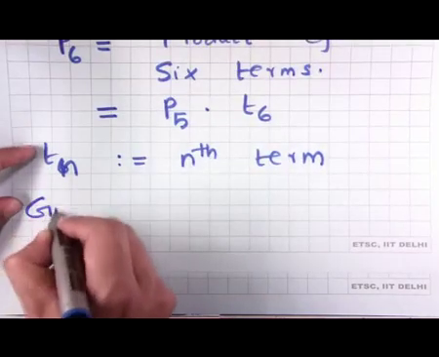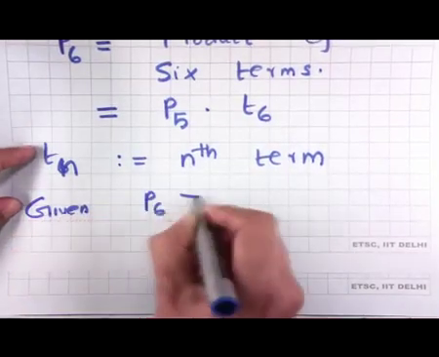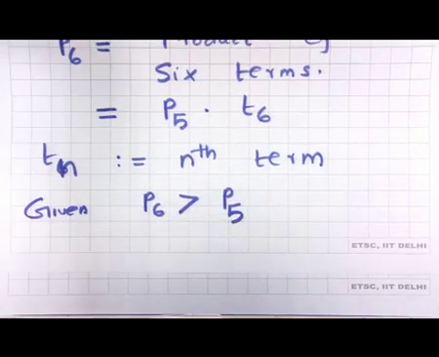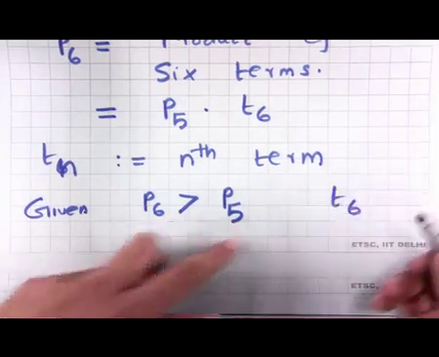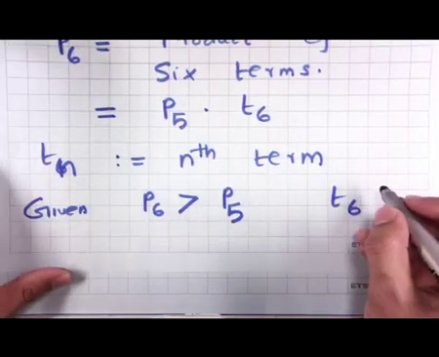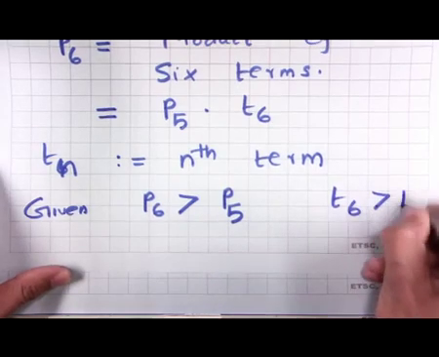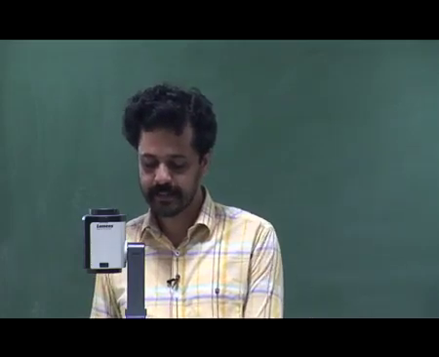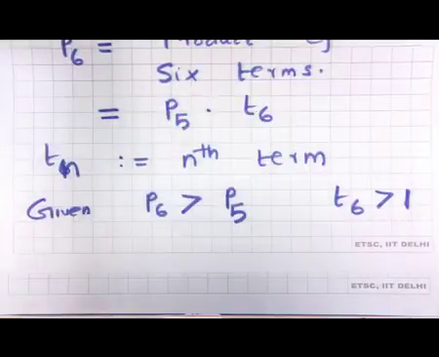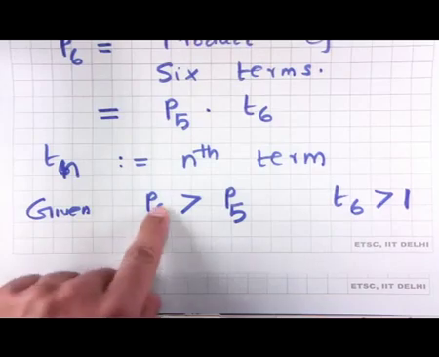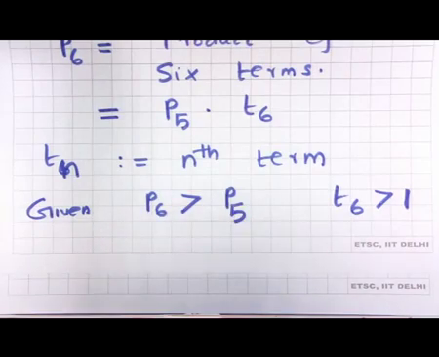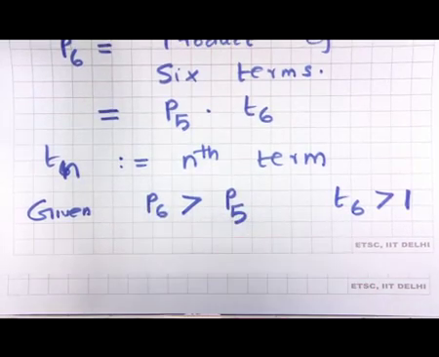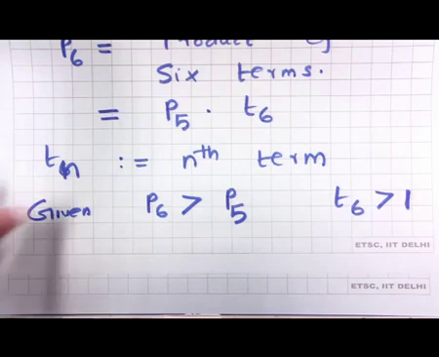Given P6 is greater than P5, that implies T6 is greater than 1. Recall that all terms are positive and P6 is equal to P5 into T6. P6 is larger than P5. Therefore, P6 by P5 will be larger than 1, that is T6 will be larger than 1.